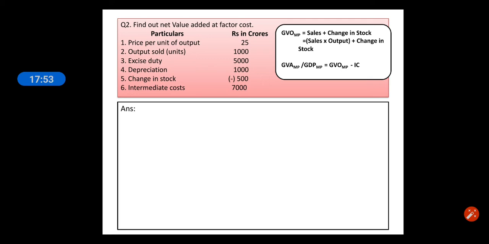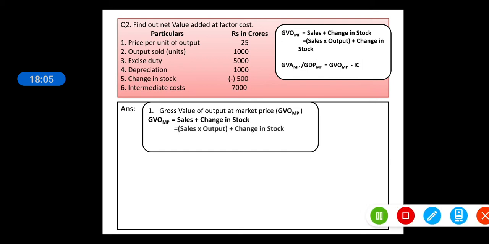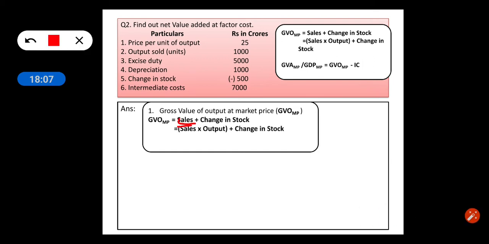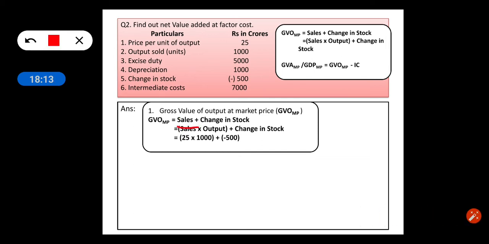Now like I said, we have to find out GVO first, right? GVO first. So GVO is equal to sales plus change in stock, and sales is equal to price into output, right? Okay, so price into output plus change in stock.